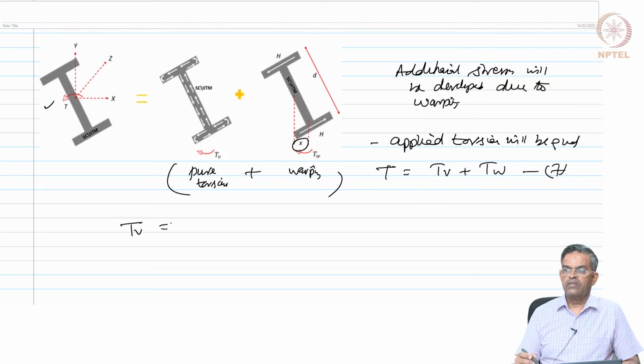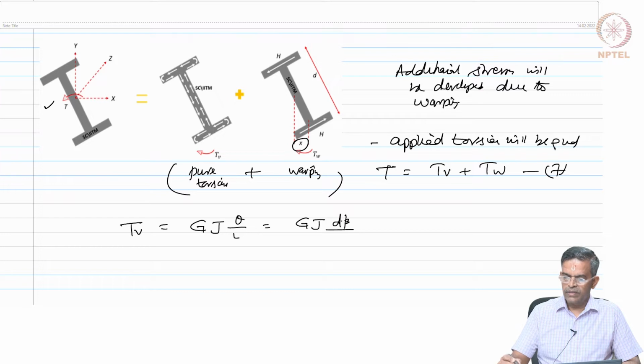Tv is Saint-Venant's torsion, which is GJ theta by L, which can be said as GJ d beta by dz.